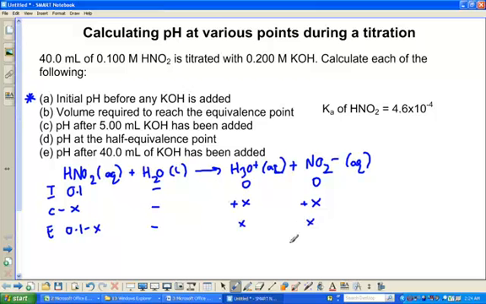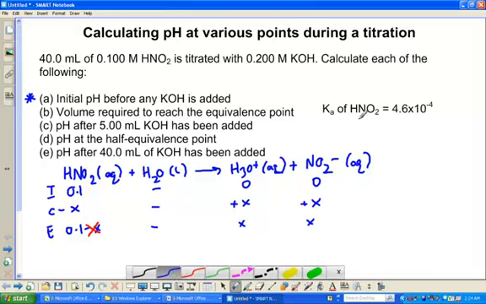And if we write out our equilibrium expression for this, we know from what we've seen before that when our value of Ka is particularly small, as it is here, that X compared to the 0.1 is going to be virtually negligible, so we can effectively push it under the rug.